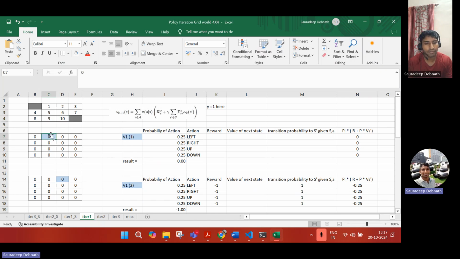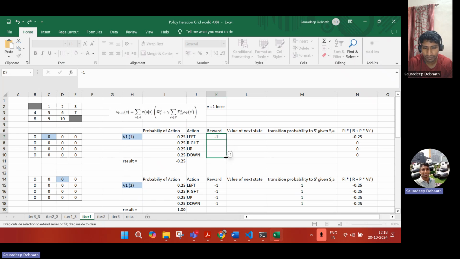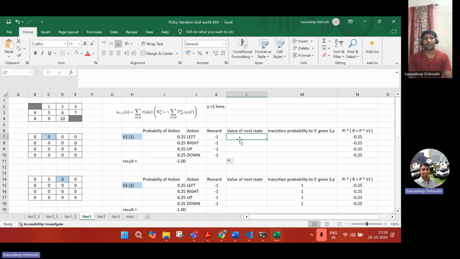Now, since we are at state 1, we could take four actions, right? And we are already told that the four actions have equal probability of 0.25, or 1 by 4. Now what would be the reward? We have been told that the reward is always -1. So let's go ahead and put them here. Suppose I am at this state 1 and I take action left. Where do I go?